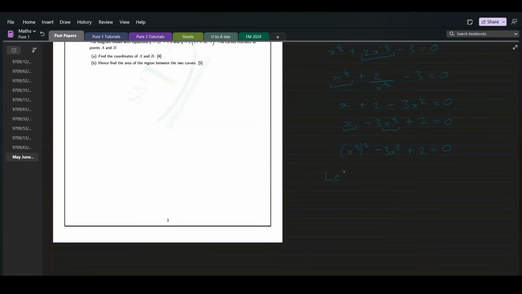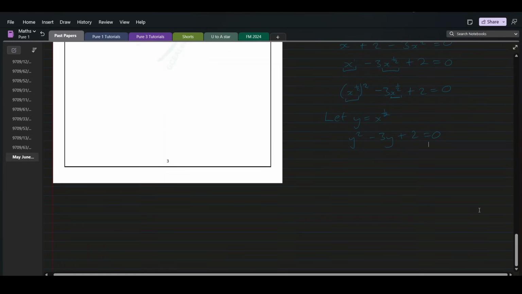Then we're going to say let y equal x to the half, so that you can clearly see that this is a quadratic, and substitute every instance of x to the half with a y. So that would become y squared minus 3y plus 2 is equal to 0. And now we can clearly see our quadratic.